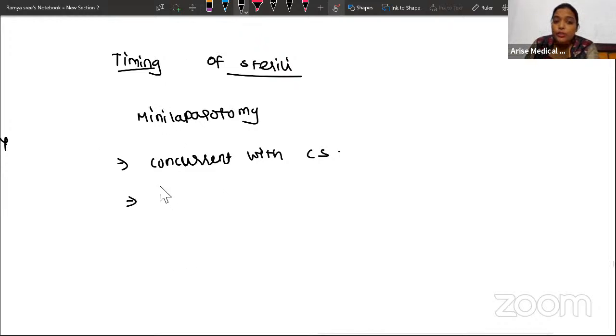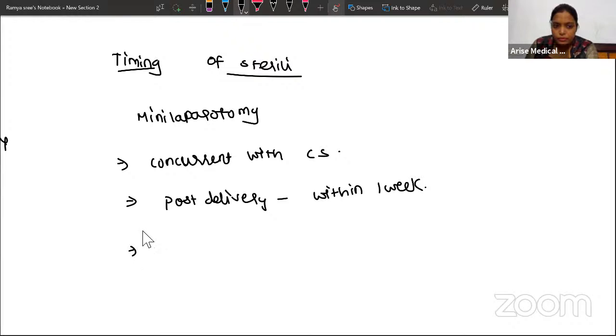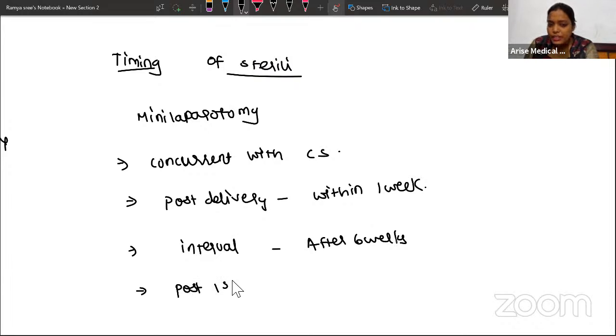Next, you can also do it post delivery, within 1 week. Interval, that is after 6 weeks. And you can do it post first and second trimester abortions.